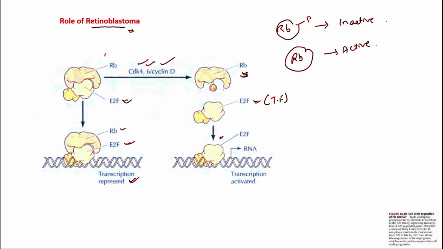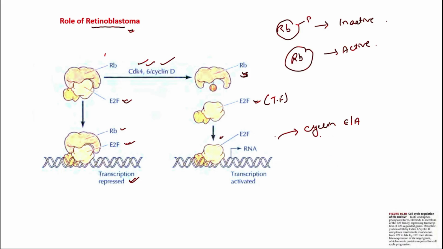When E2F is activated, what does it do? It binds with the promoters of cyclin E and cyclin A. Cyclin E and cyclin A are responsible for the G1/S phase transition, as we have already discussed in our first video as well as in this video.